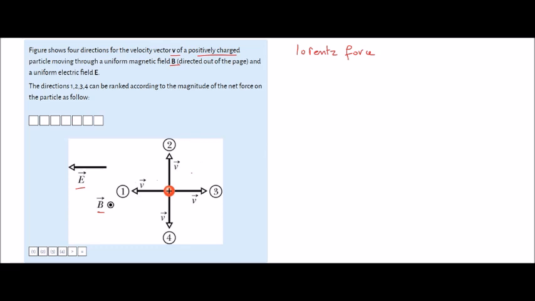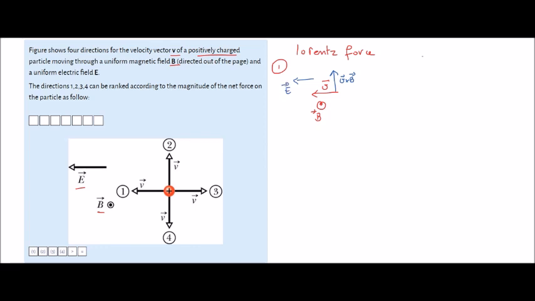So let's see. Let's take the first one. V cross B, first situation. V like that, B like this. Where is V cross B? It's upward, right? V cross B is upward. And E is like this.